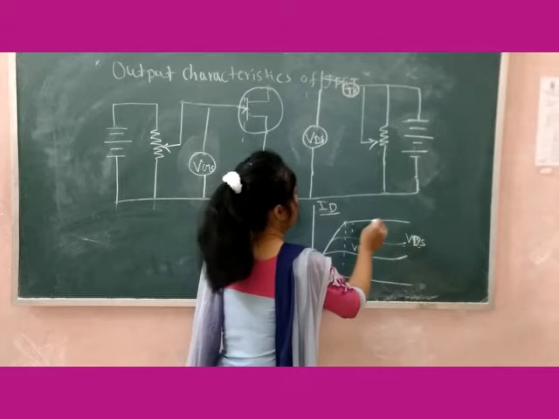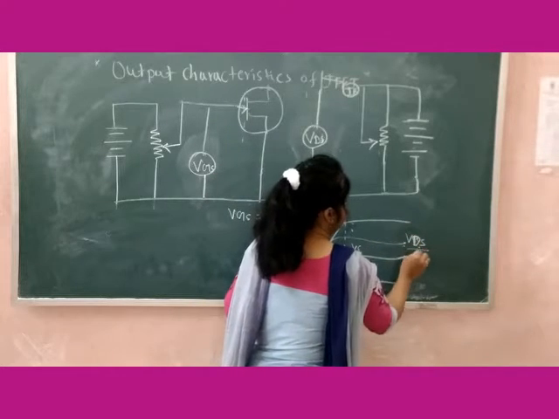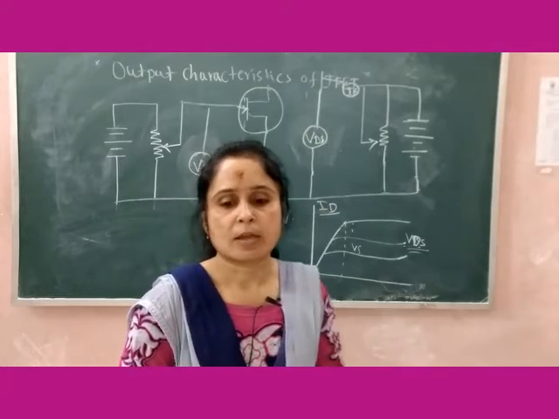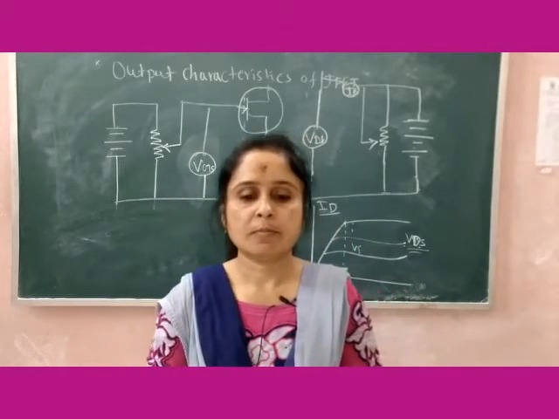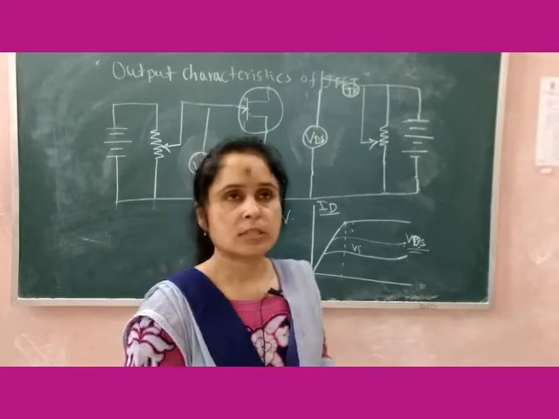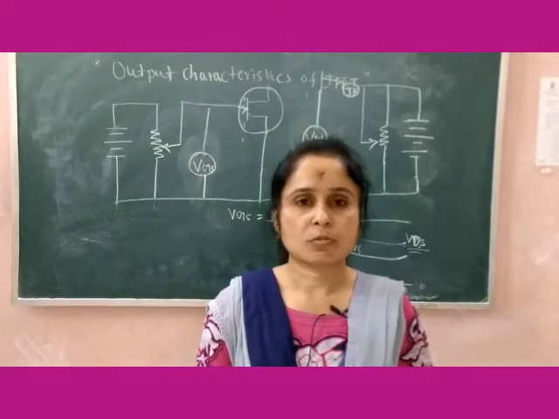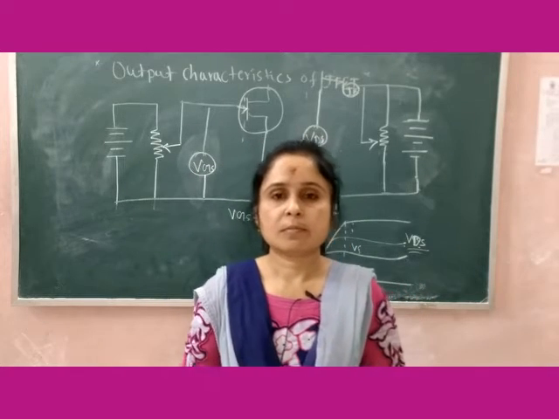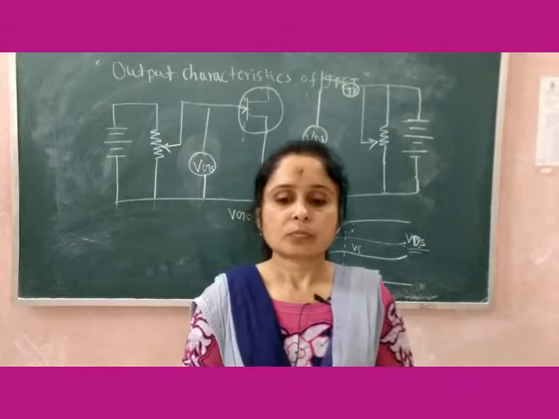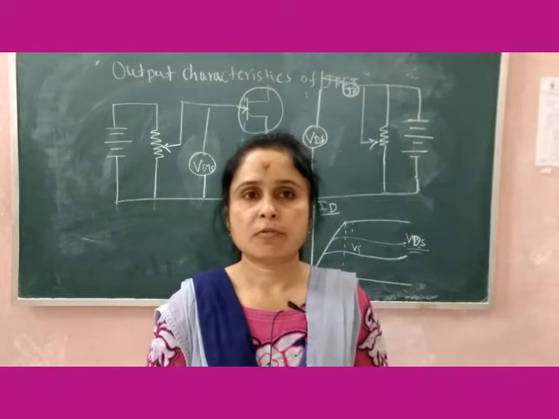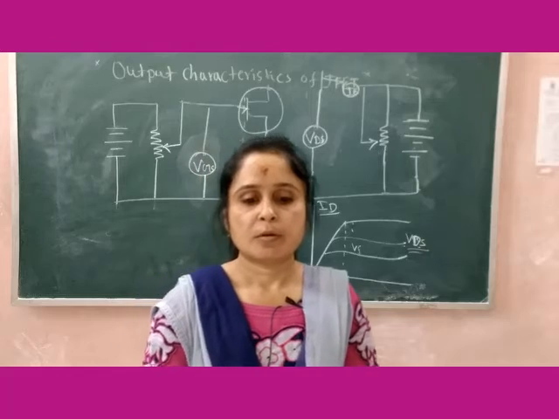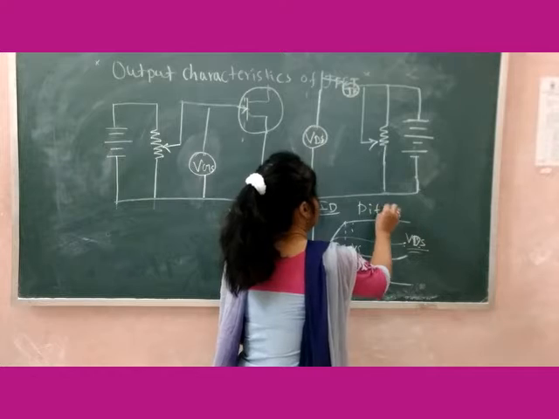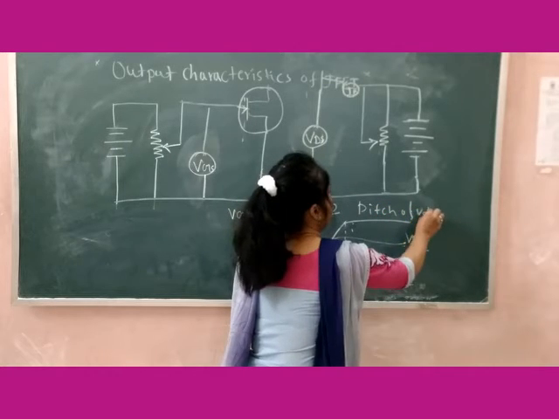The ID current changes rapidly and is converted into voltage across the drain source terminals. That current flow is known as the pinch off voltage.